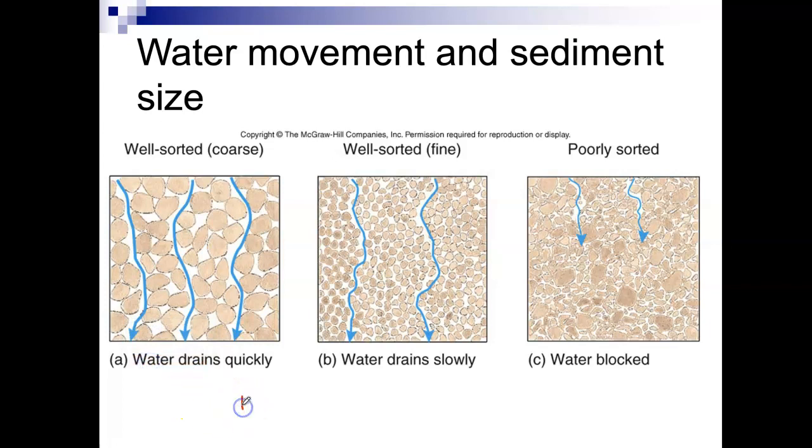I don't have my easy way to write, so excuse my handwriting, but this is called interstitial, that's an S if you can't tell, interstitial spaces. I believe I have this somewhere in the lecture for you, but just in case. So interstitial spaces, and that's simply the space in between the sediment granules.